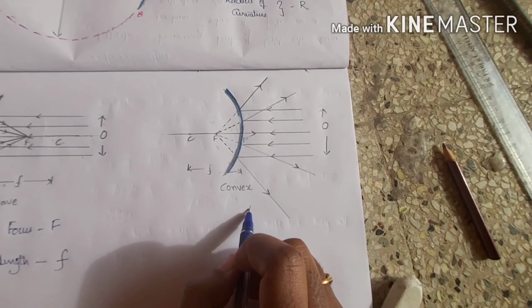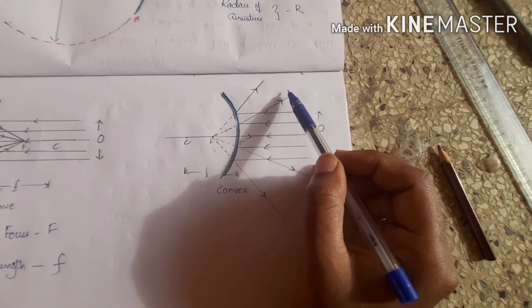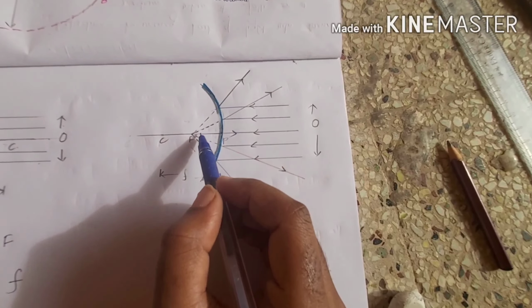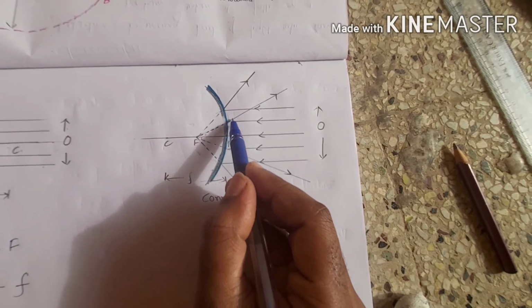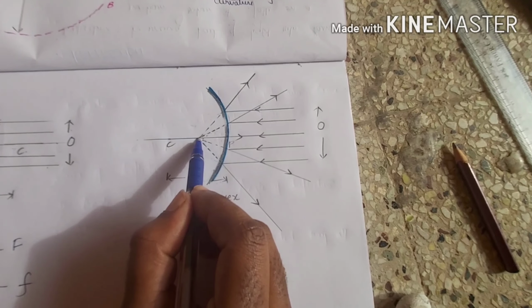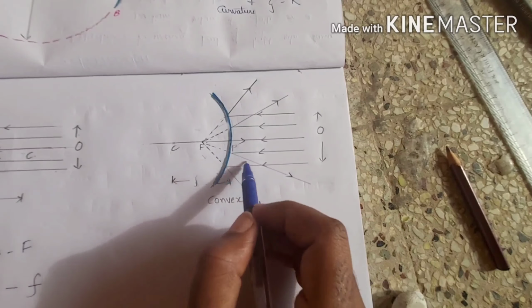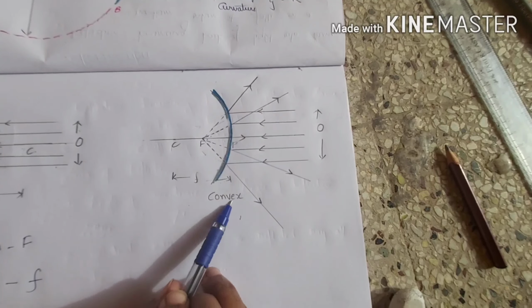Since a convex mirror is a diverging mirror, all the light that falls on it gets diverged but appears to be coming from a point. In order to say appearing, I have represented this with dotted lines. The point from which the light rays appear to be diverging is called the focal point of the convex mirror.